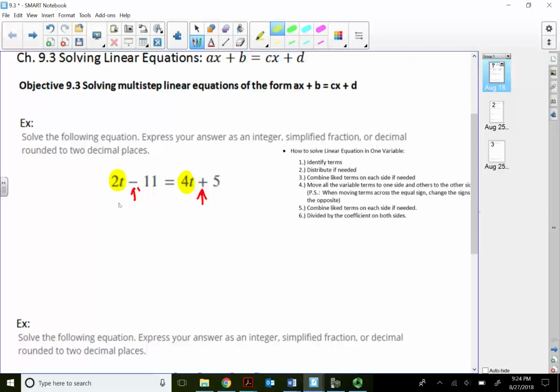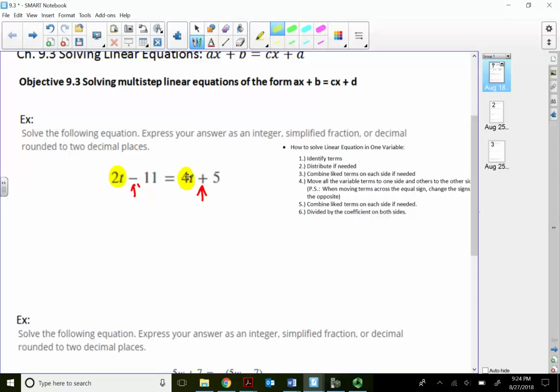However, sometimes it's easier to move to a certain side, and the way we decide is by looking at which variable term is bigger. Whenever you have one on the right and one on the left like this, always move it to the bigger side. Since 4t is bigger than 2t, I can move it to the right side. That will always keep the variable term positive.